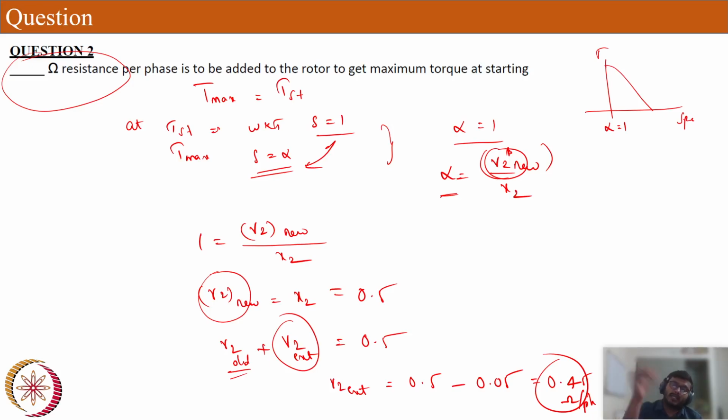You just keep on increasing the resistances, and at the place where you get the maximum torque at starting, you can measure the resistance at that instant and know how much you have added. To solve it in a problem, we know that at the starting slip is equal to 1, and we also know the formula for alpha, the slip at which the maximum torque occurs. Relating those two, we are able to calculate the new resistance of the rotor circuit.